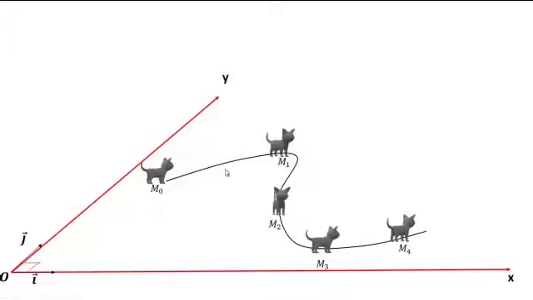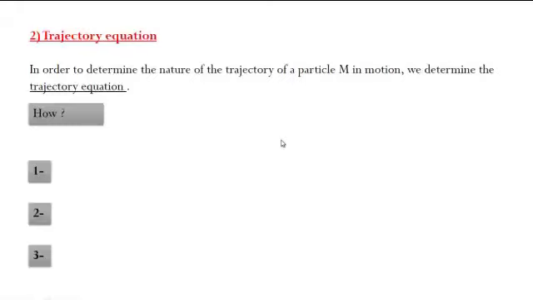What if we don't have this figure, but we have only the position vector, meaning the cat is moving along this position vector with respect to time. And the question was, find the nature of the trajectory described by the cat. So how do we find the nature in this case? When we have only the position vector, we have many steps in order to find the trajectory.